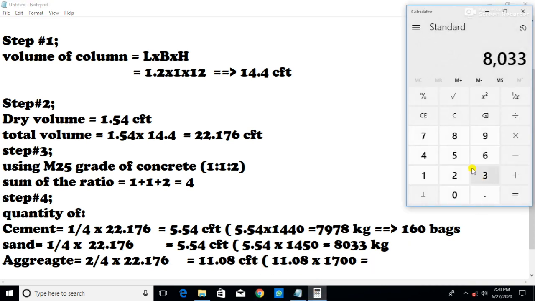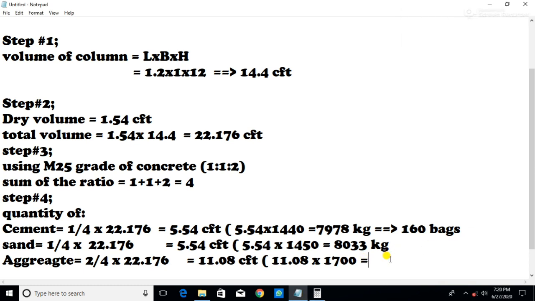Now we have to find the quantity of coarse aggregate in kgs. Here we will use a calculator. The quantity of aggregate is 11.08, and then we will multiply it with the dry density of coarse aggregate, which is 1700, which is equal to 18,836 kg.